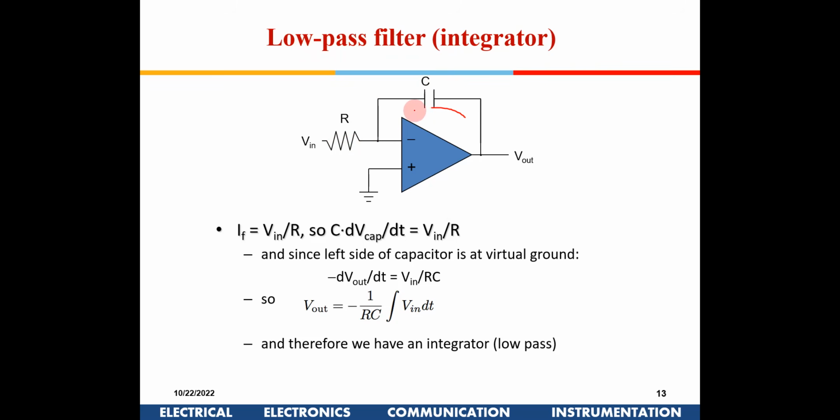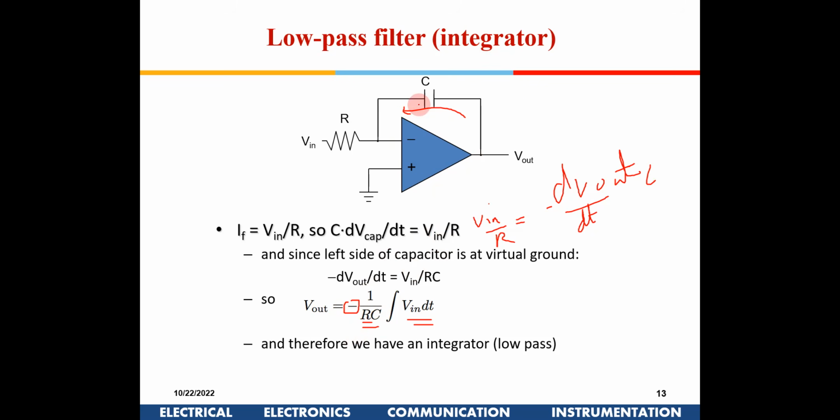In this case, this equation I can write as C dV out by dt, minus of that, is equal to V in divided by R. Now dV out will be the integral of V in, but this R is in the denominator, so I have an RC in the denominator here, and obviously there is a negative sign also, so this will act like an integrator.